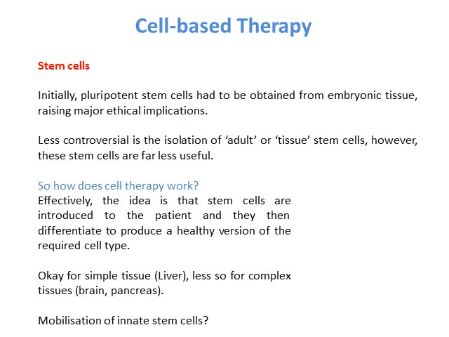There's a second option, which is a mobilization of innate stem cells. As I've alluded to earlier on when I spoke about adult or tissue stem cells, it's not just the case that we have these pluripotent stem cells as embryos. We also have pooled reservoirs of stem cells, innate stem cells within our bodies in adulthood as well. A good example of this would be the stem cells which give rise to fibroblasts, which are used in wound healing.